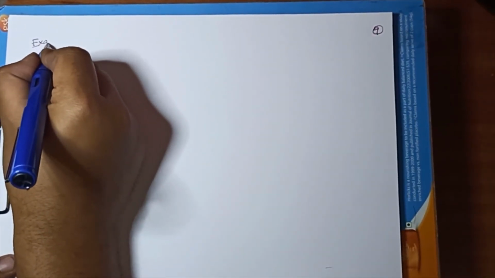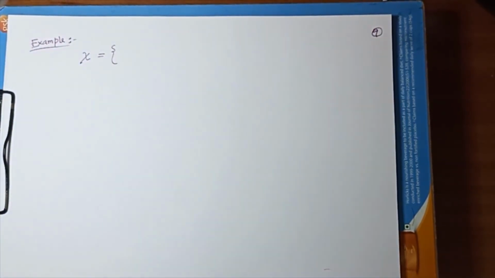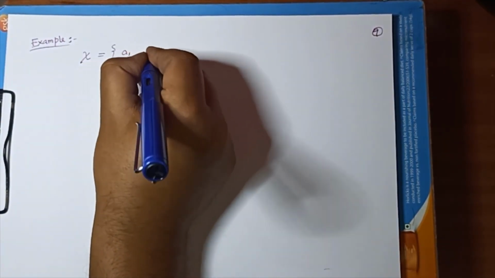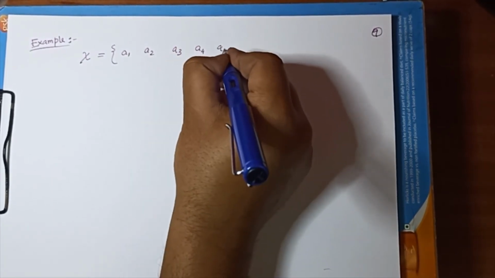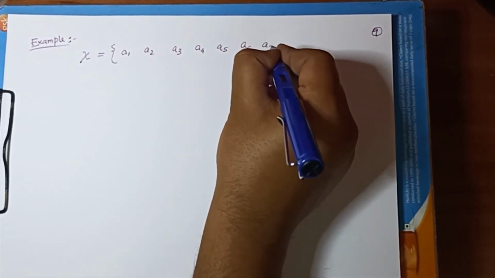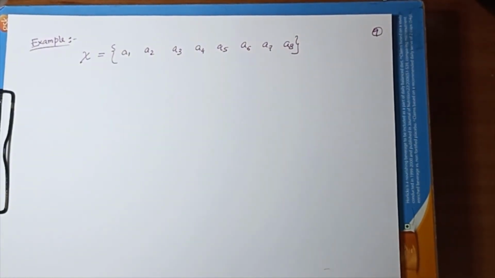Suppose I take a bigger example so that you can see the methodology properly, how it really works. Suppose the alphabet is as follows. How many symbols should I take? 8 should be fine. So A1, A2, A3, A4, A5, A6, A7, A8. I know that fixed length encoding will be 3 bits, regular binary encoding.